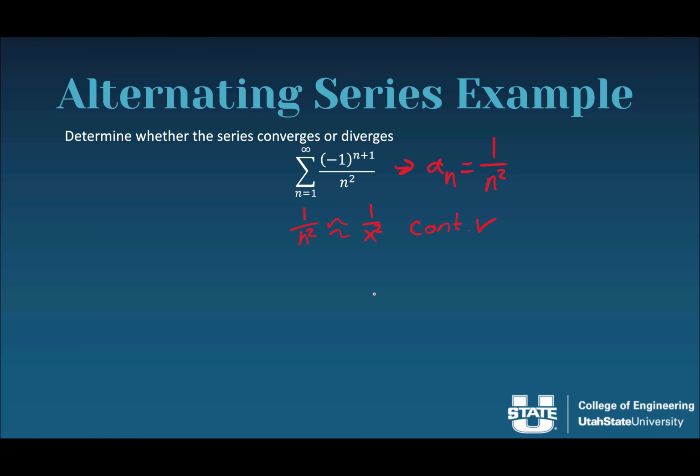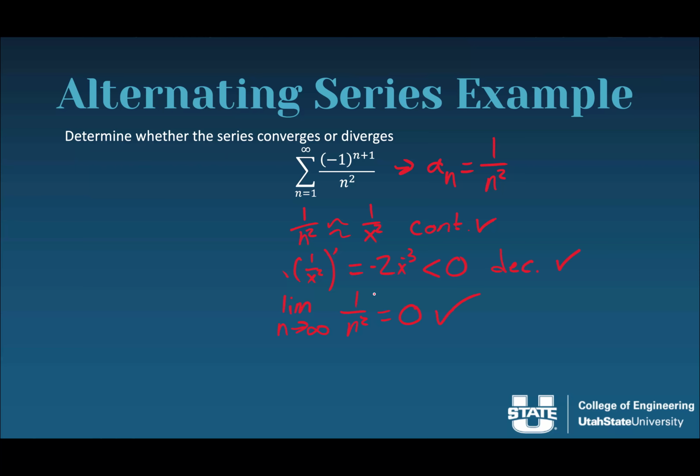And I also know that the derivative of 1 over x squared is equal to -2x to the -3rd, which is less than 0, which means it's decreasing. Check. And now if I evaluate the limit as n approaches infinity of my a sub n, I'm going to get 0. Check.